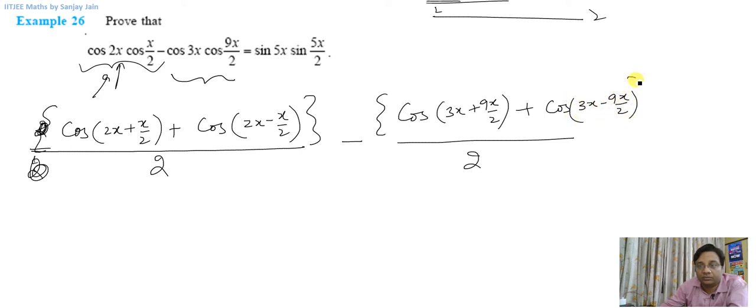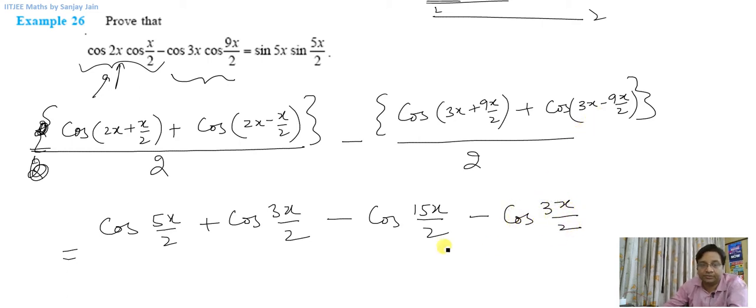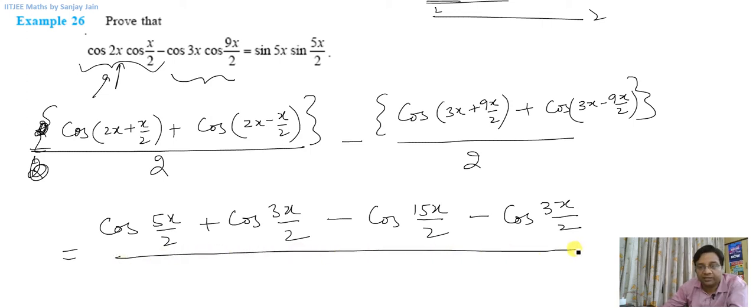This is my left hand side, so let us solve this. This will come cos, this is 4x plus x, 5x by 2, plus this is cos 3x by 2, then minus this will be 6 plus 9, 15, so cos 15x by 2, and this will be minus 6 minus 9, minus 3x, so cos of minus theta is cos theta, so cos 3x by 2, and it will be divided by 2.